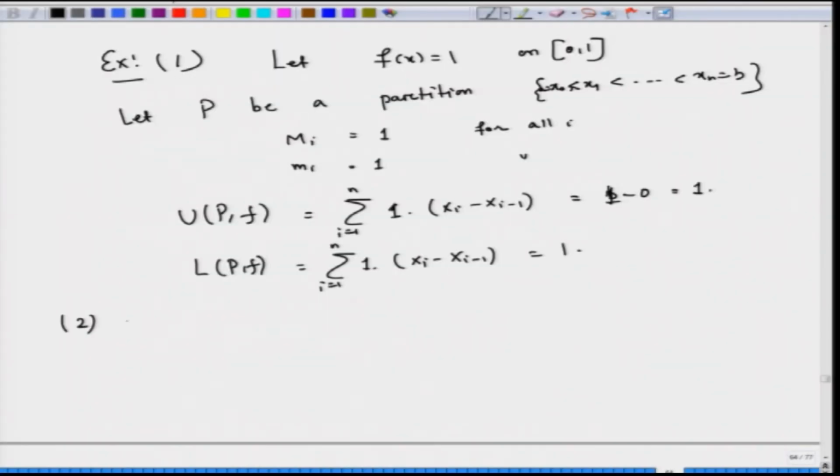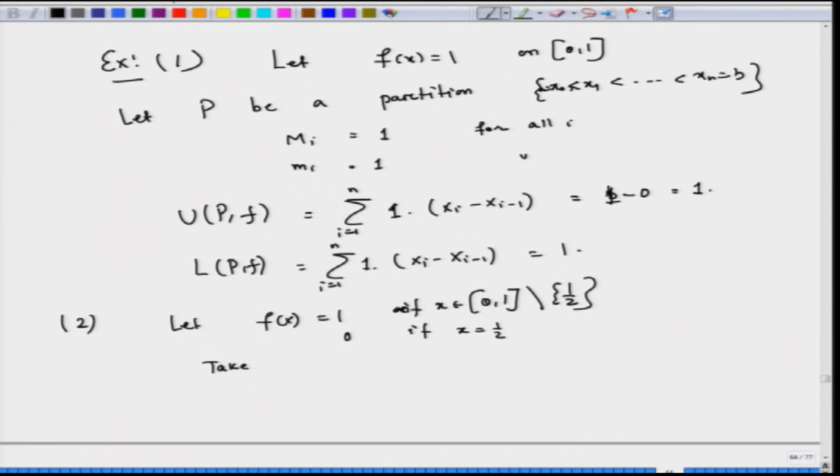Now, consider this function. Let f(x) be equal to 1 if x belongs to [0, 1] minus, let us say, {1/2}, and equal to 0 if x is equal to 1/2. Okay. Then take a partition. f is a bounded function on the interval, so we are in the setting of finding the Riemann integration.